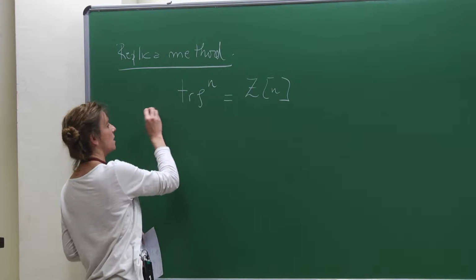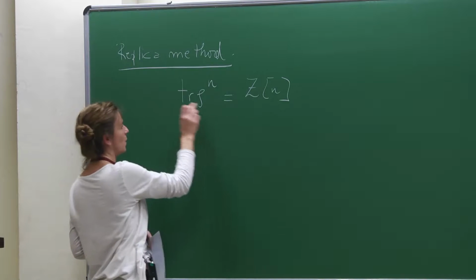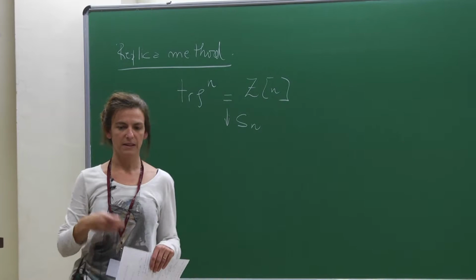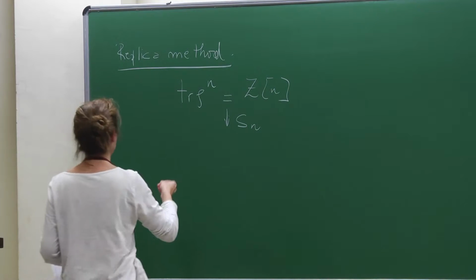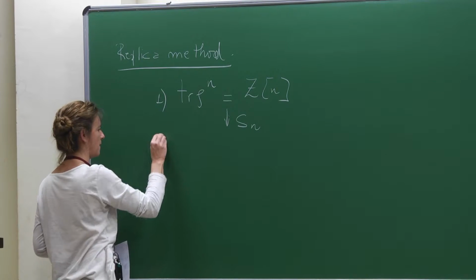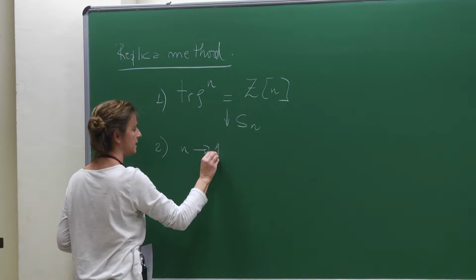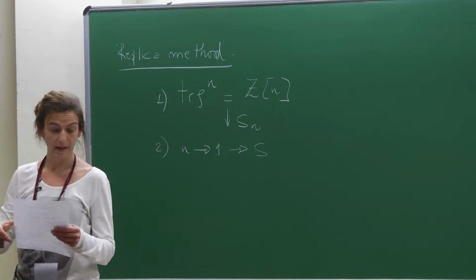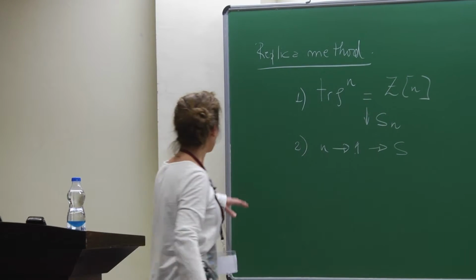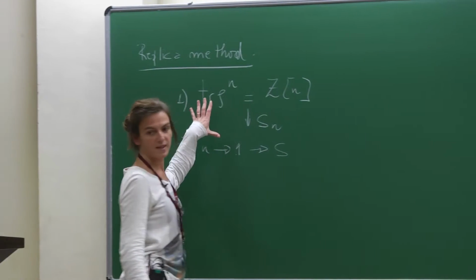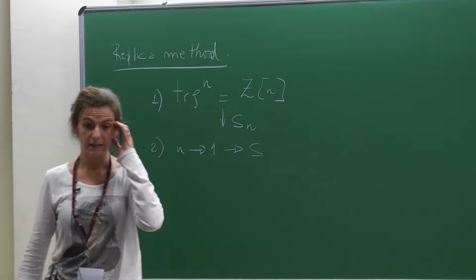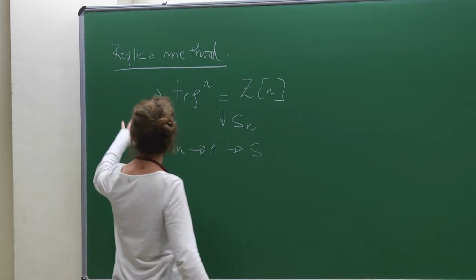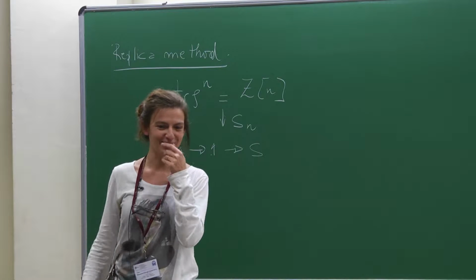So the idea is that once you have this, you can calculate the Renyi entropies, and the final step was to take this limit to obtain the entropy. Okay, so as we have discussed yesterday, both steps are quite difficult, and we don't have any systematic way to solve neither the first nor the second step.